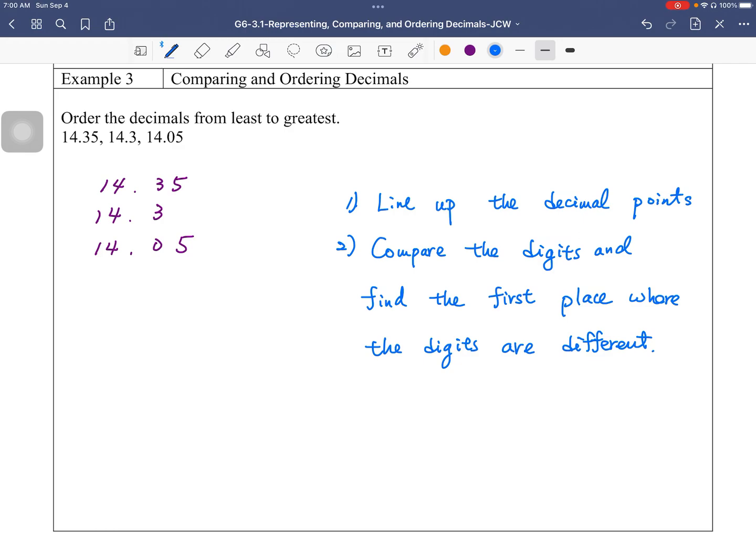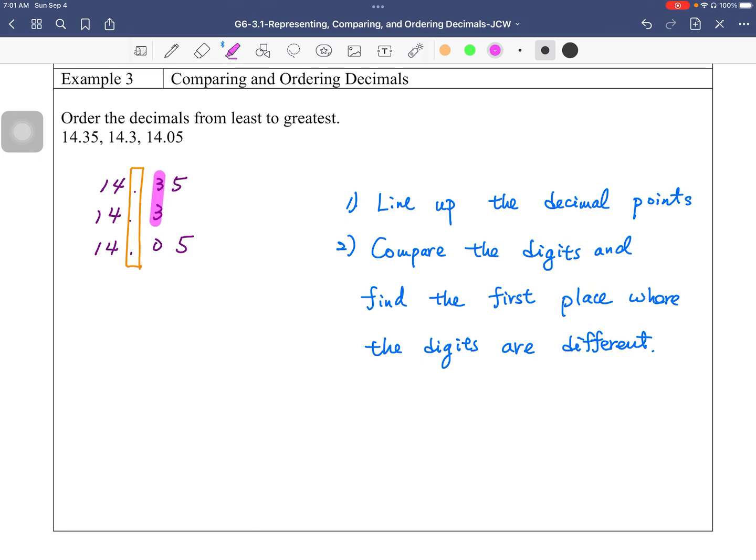I line up the decimal point, and then I want to compare the first place where the digits are different.